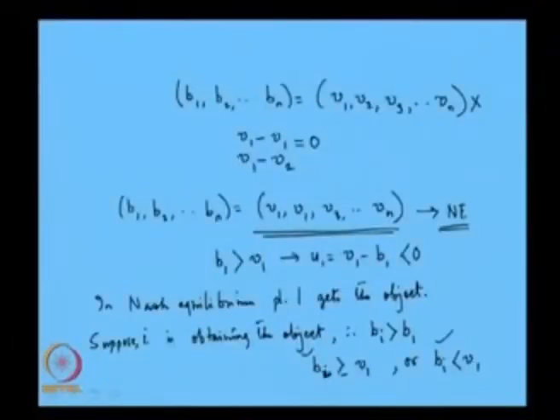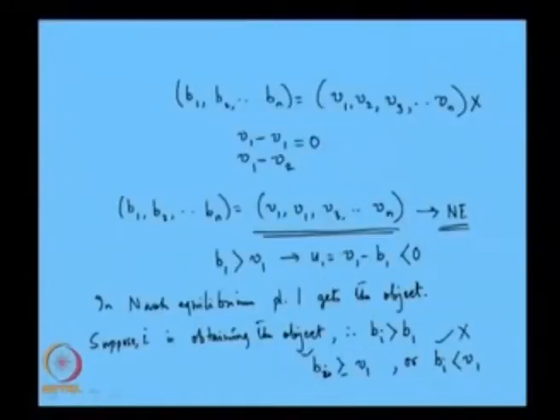The other possibility is that B I is less than V 1. Now, can this be a Nash equilibrium? If B I is less than V 1, this is not a Nash equilibrium for the following reason. In this case, player 1 can always outbid player I, so he can always afford to bid something which is more than B I, but less than V 1.